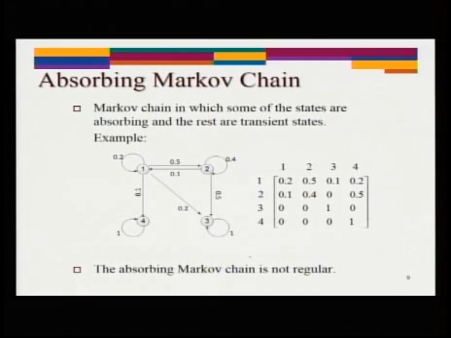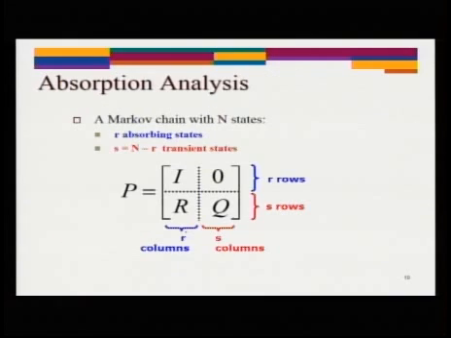And regardless of the type of the Markov chain, so for example, whether or not it is regular Markov chain or absorbing Markov chain, we still can use the Chapman-Kolmogorov equation to get the nth power matrix of the Markov chain to reveal the probabilistic feature of the chain. However, for the case of absorbing Markov chain, there is a special method which is called absorption analysis for the analysis of absorbing chain. You remember this, right?